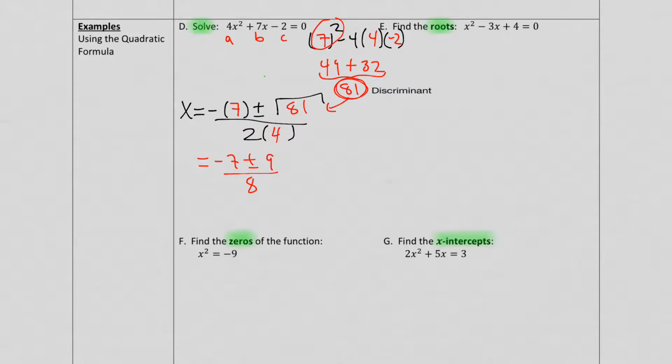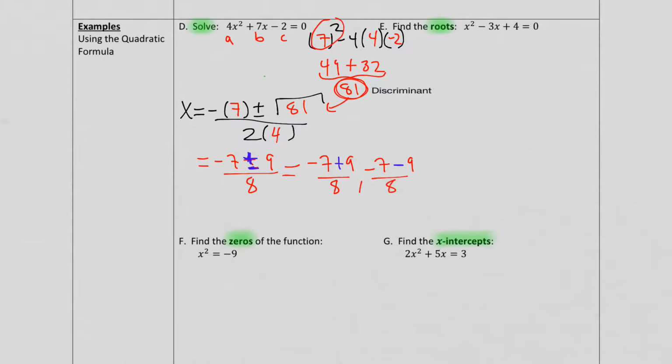So in this example I do have 2 solutions, and because it's a plus and minus and everything is a nice number, they're all integers, I can go ahead and separate the plus and minus to get 2 numerical answers. So I can say negative 7 plus 9 over 8, and then comma negative 7 minus 9 over 8.